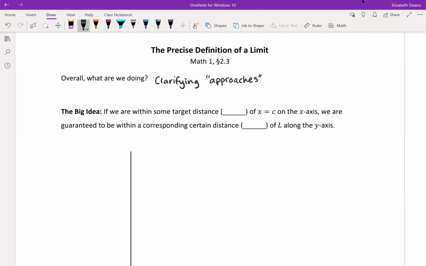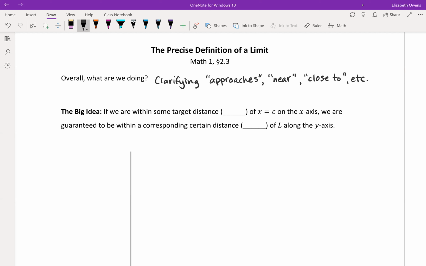Well, we have an idea of what that means in a normal sense, but we're going to talk about it in a more mathematical sense here. This is also clarifying what it means to get near a certain value or to be close to a certain value. So we might say, as x approaches c, f of x gets close to L. So we're going to see what those terms really mean.